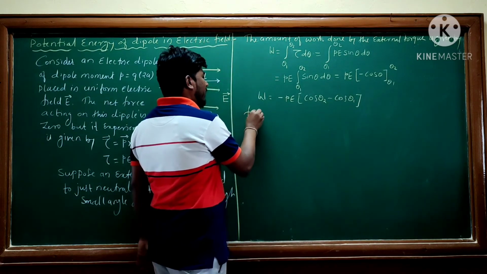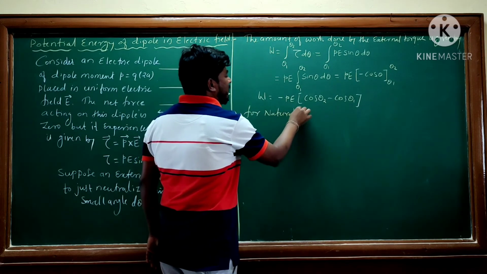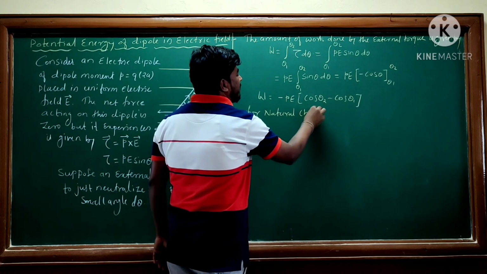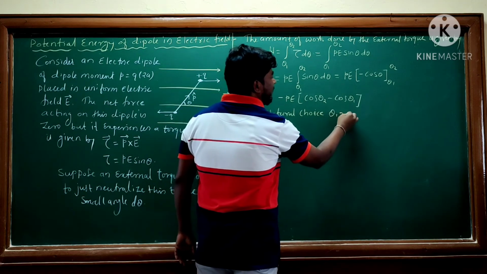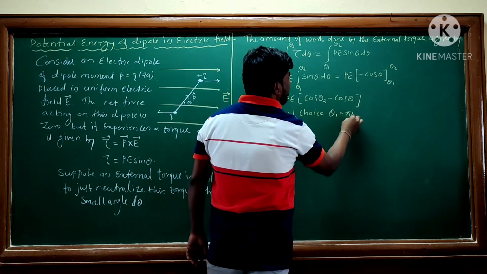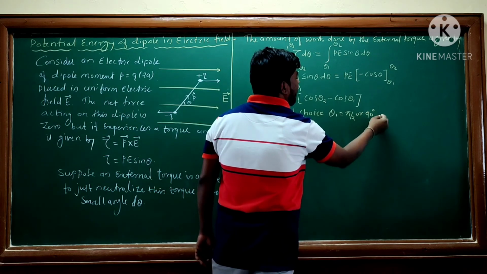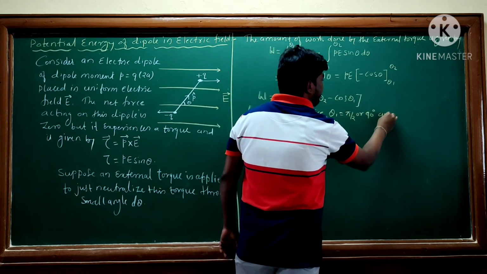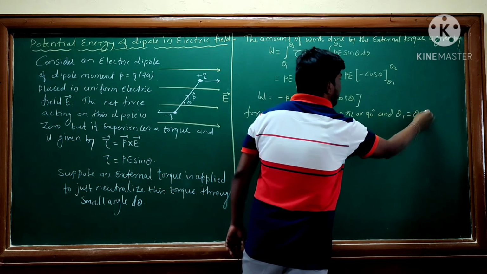For a natural choice, say that theta 1 is equal to pi by 2, or 90 degrees, and theta 2 is simply theta.